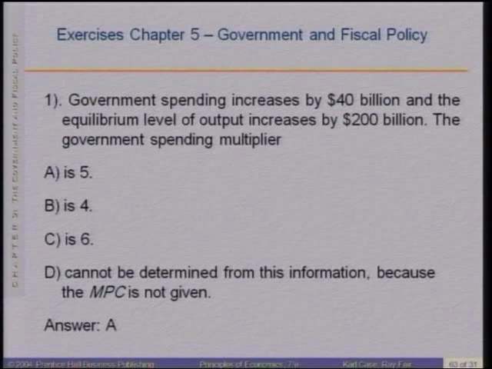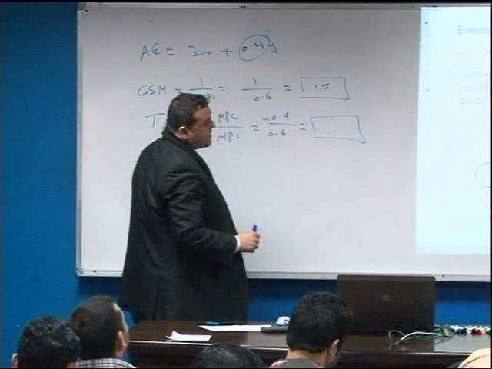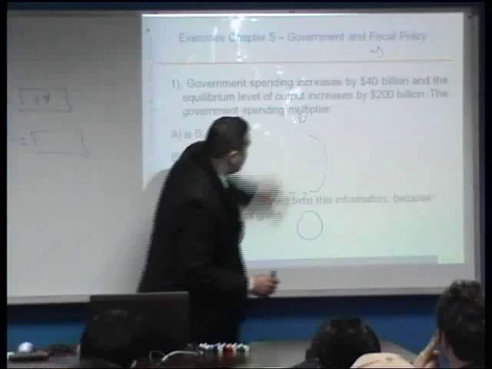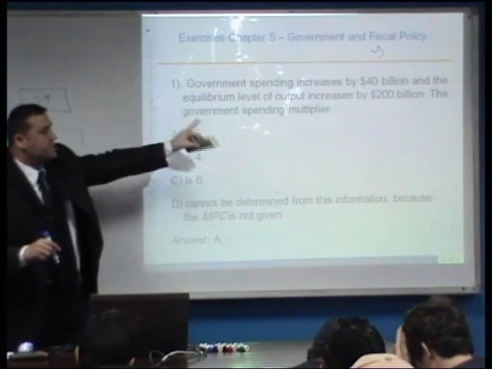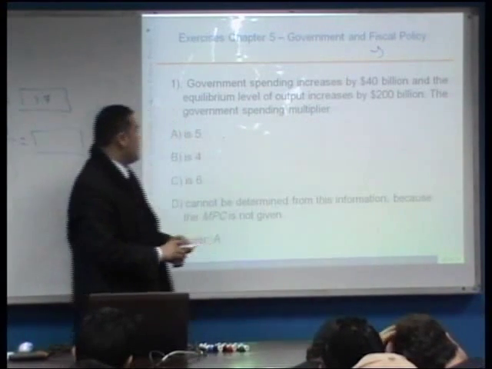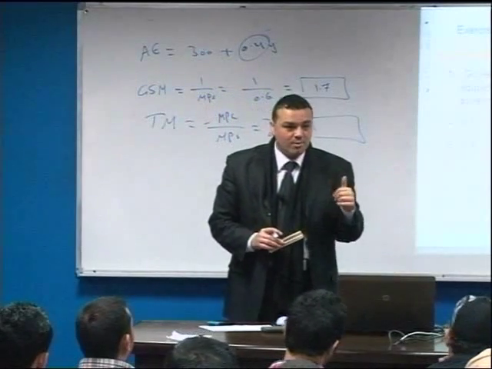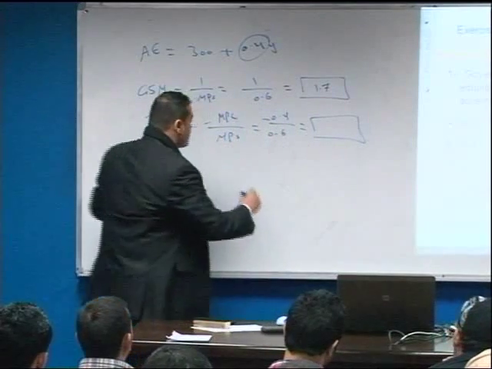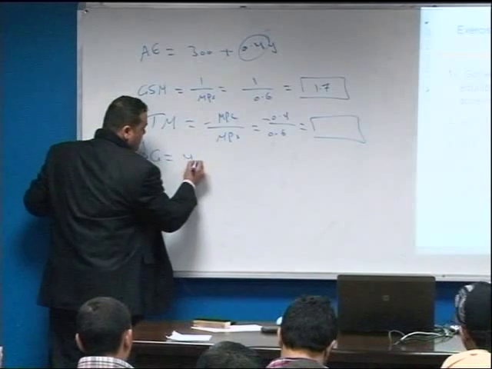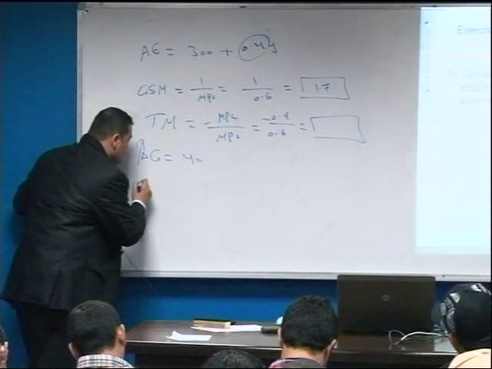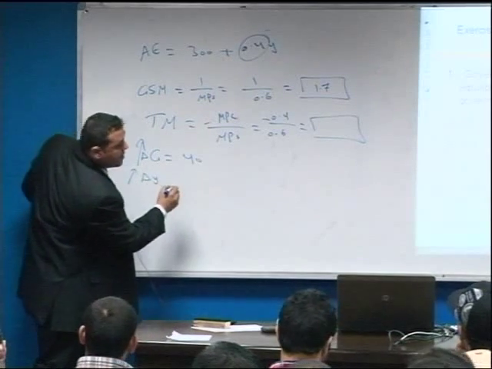Let's go to this example that follows. Now suppose that the government spending increased by $40 billion and the equilibrium level of output increased by 200 billion. The government spending multiplier is how much? The question says we have an increase in government spending, delta G equals 40, and delta Y increased by 200.